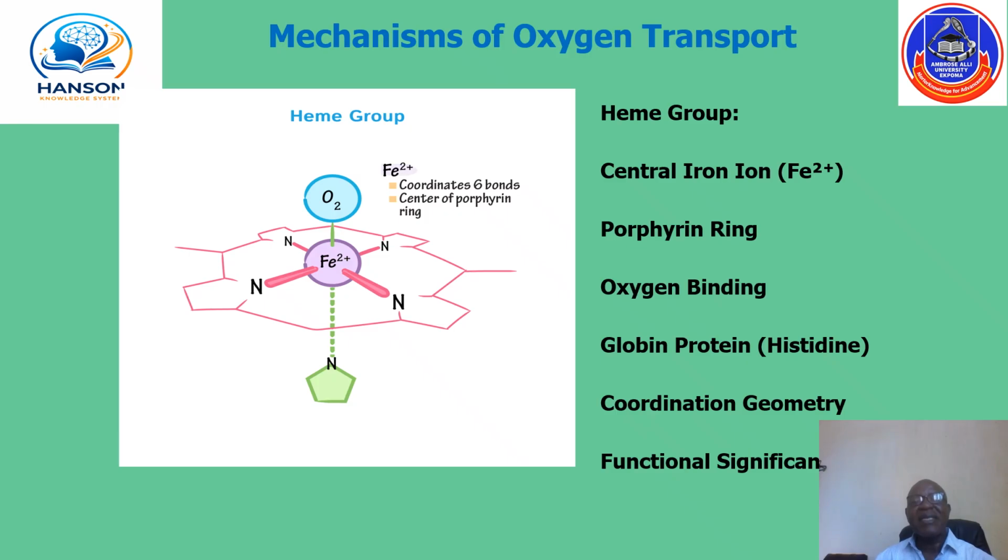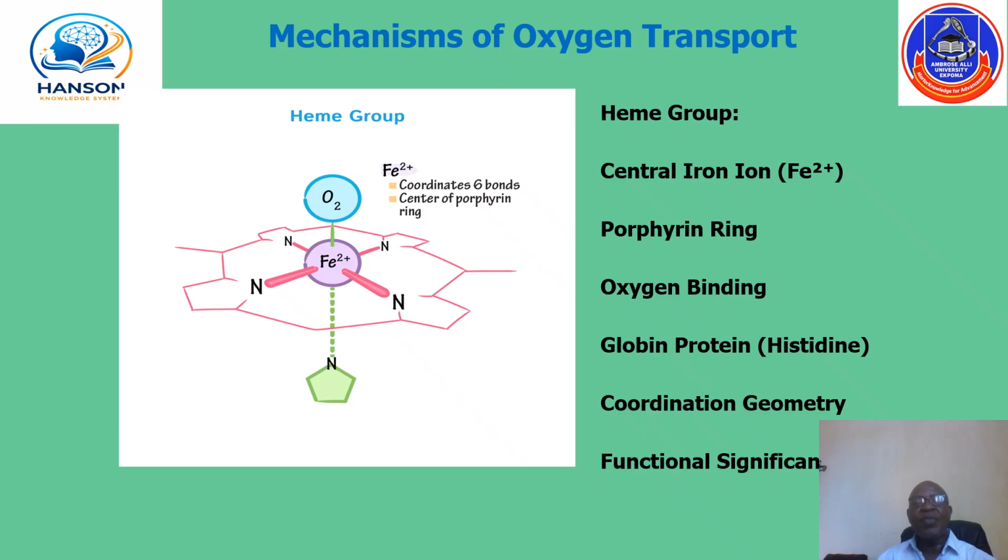It is this ion, that is iron 2, the ferrous ion, that binds directly to the oxygen. And of course, this binding is reversible. It enables oxygen to load and to offload when necessary.